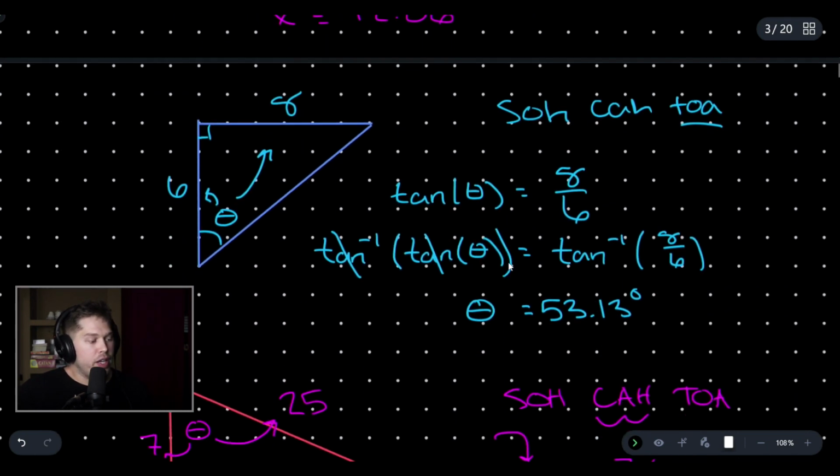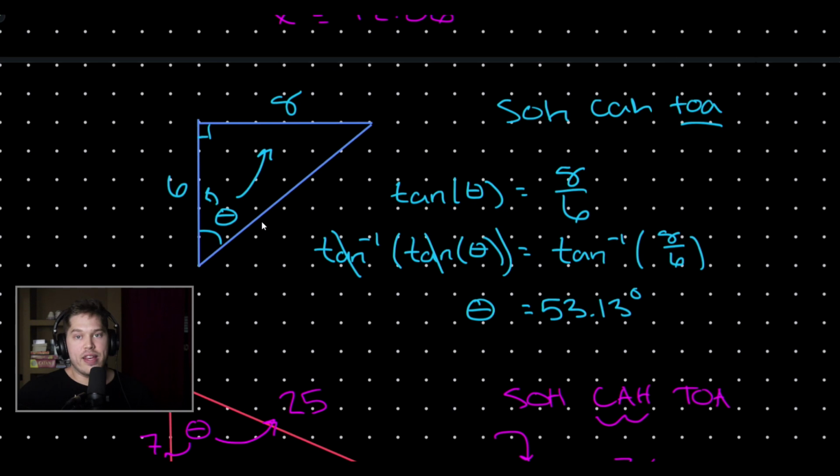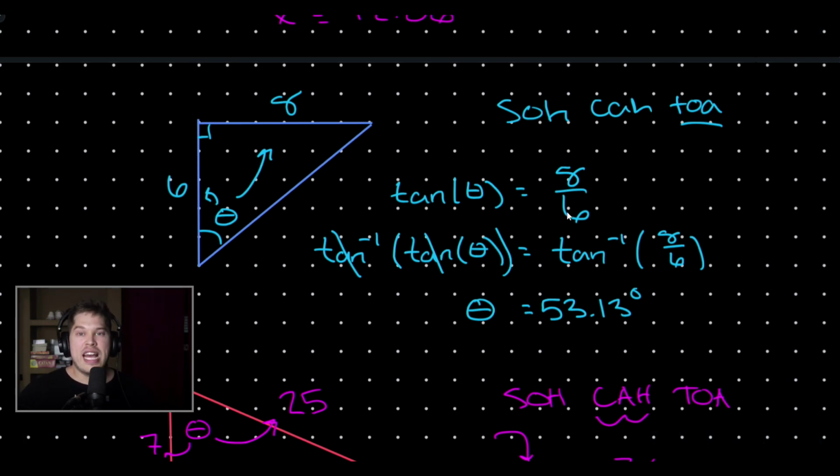Whenever you are solving for the missing angle, you're going to have to use the inverse of a given trigonometric function. So for this example, we knew that tangent of theta equaled 8/6. We wanted to peel away and take away that tangent function to just leave us the theta.